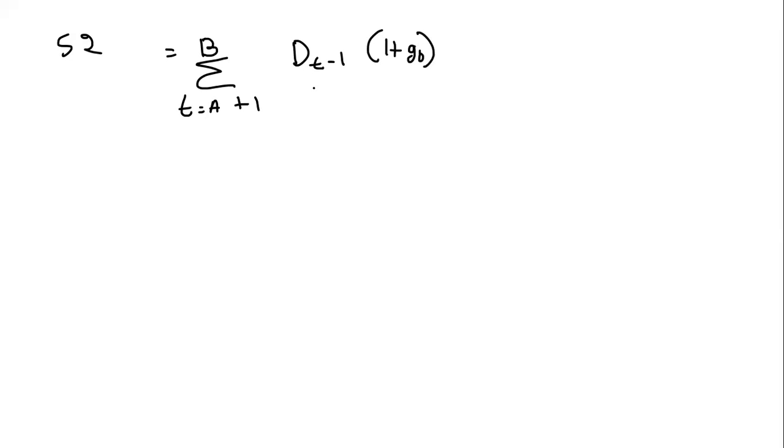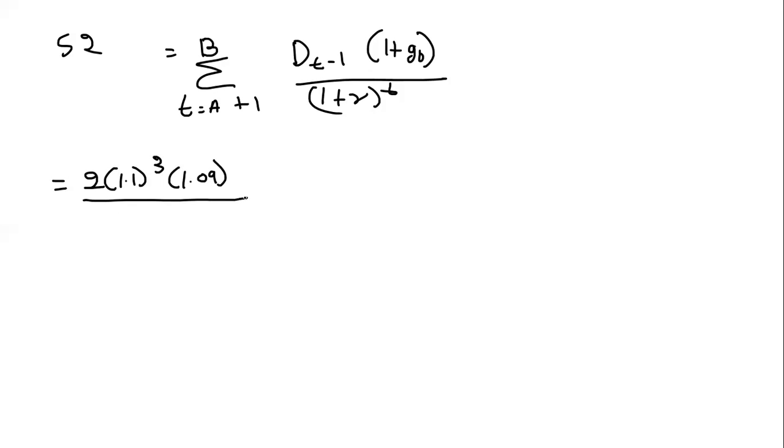Now we'll move to the second step. Step 2: B summation T is equal to A plus 1, of D naught (1 plus G A) raised to A times (1 plus G B) raised to T minus 1, divided by (1 plus R) raised to T. Putting in the formula, 2 is the dividend and 1.1 is the growth rate, which remains the same, and here 1.09, that is linearly declining after that, divided by 1.14 raised to 5.